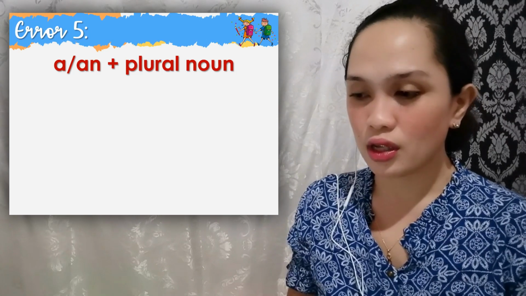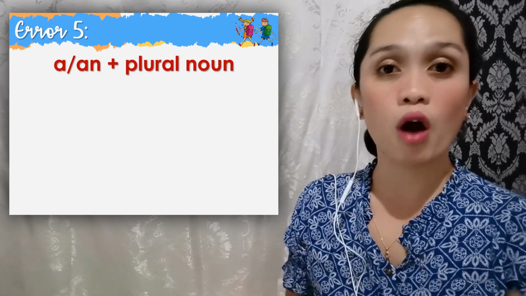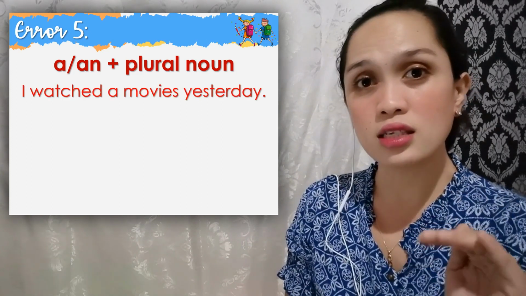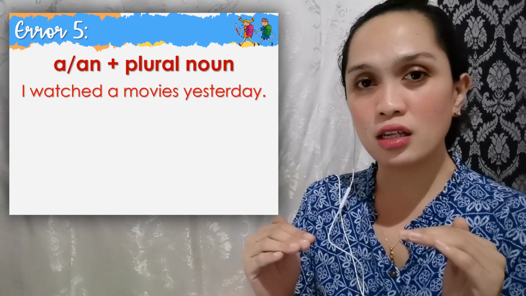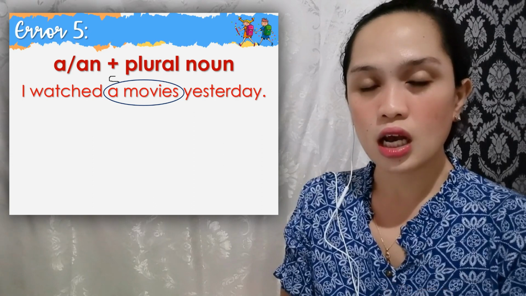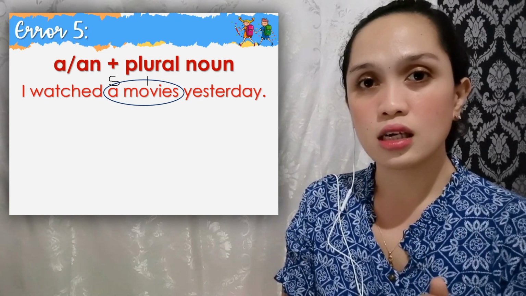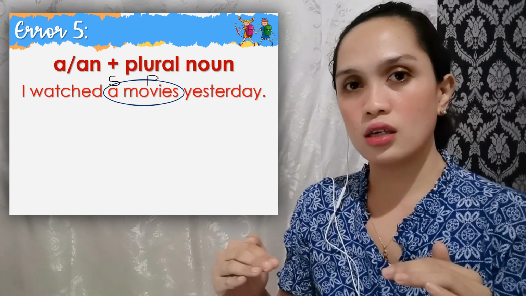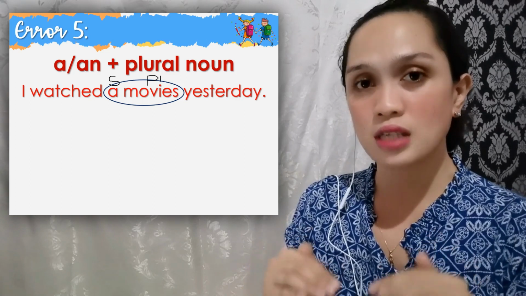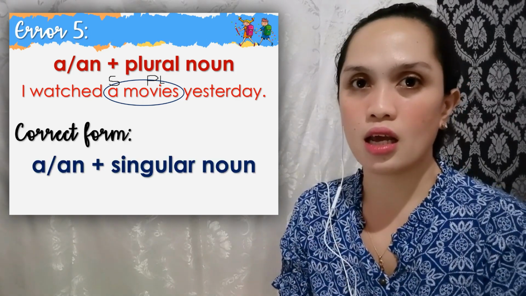So for example, an erroneous statement would be, I watched a movies yesterday. So a is singular, but you pair it with a noun that is in plural form. Make sure that if you are using the article a or an, you are introducing a singular noun. So you are supposed to say, I watched a movie yesterday.